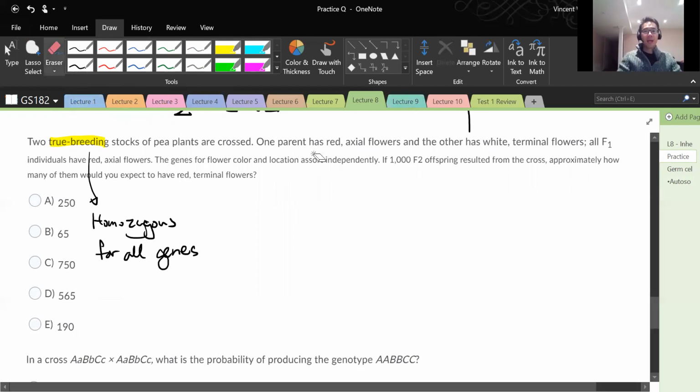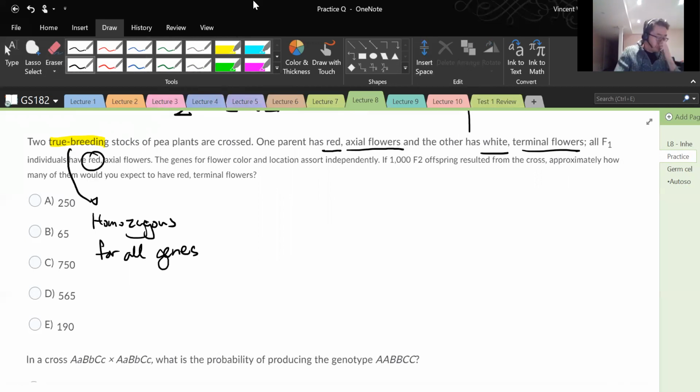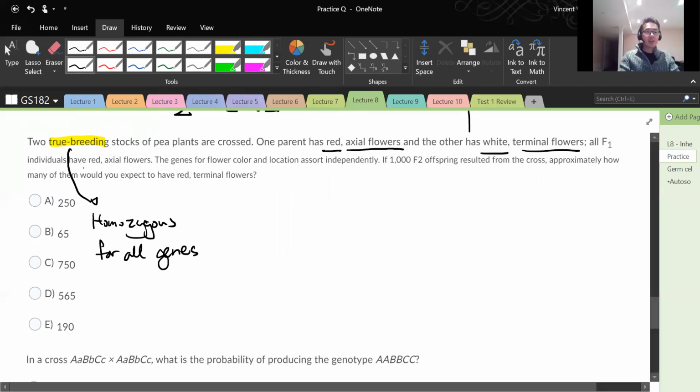Okay, so one parent has red axial flowers. You don't really have to know what it means. It's just a trait, right? Axial as in the flower comes out like here, as opposed to at the end. The other is white and terminal. Okay, so all F1 individuals have red and axial flower.